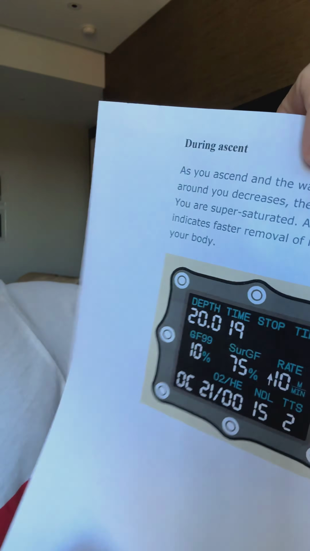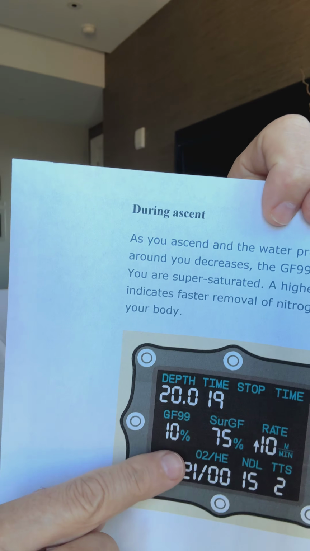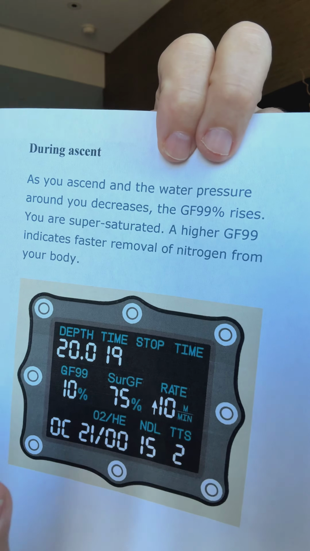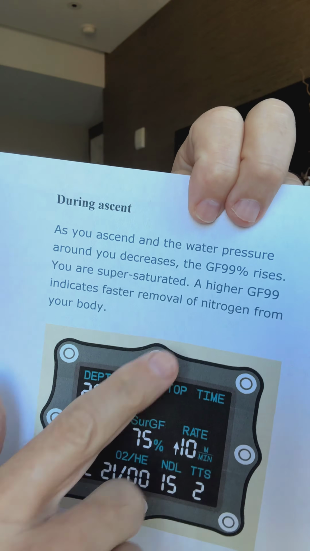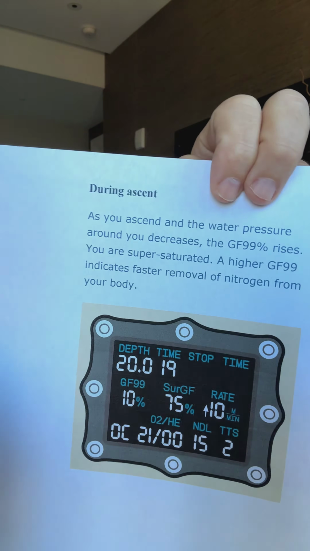Now, during the ascent, here we go. As you ascend, the water pressure around you decreases, so the gradient factor 99 rises. Bubbles are starting to come out. And you're supersaturated on your leading tissue.